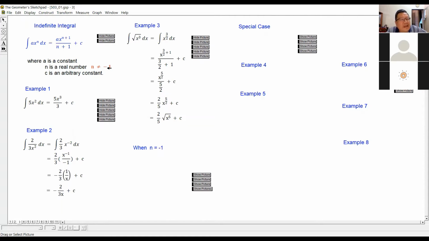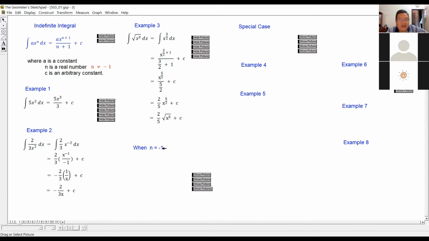But why is it that they say n is not equal to -1? When n equals -1, what will happen? Can anyone tell me? When n is -1, can you still integrate like this? No, you cannot integrate.